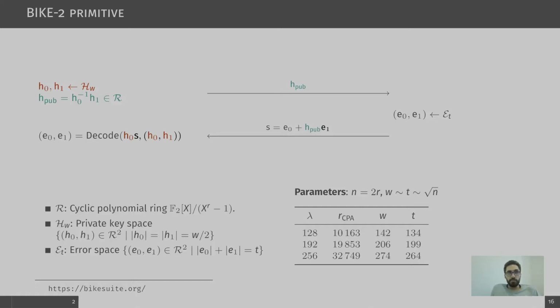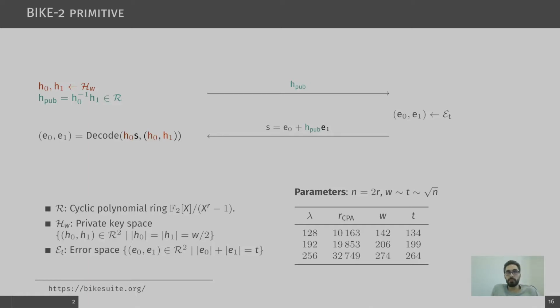Then to decrypt, so to recover the error vector, you need to decode. For this, you use the sparse parity check matrix, which is the private key. If you have a sparse parity check matrix, you have an efficient algorithm, and we will discuss this point later on. But if you don't have a sparse parity check matrix, you cannot decode easily.